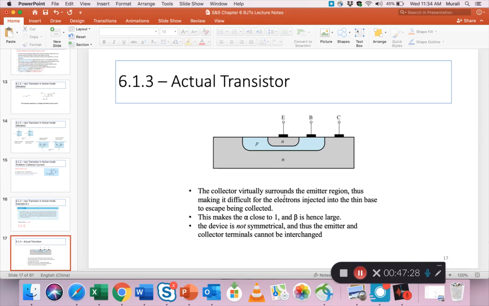The collector surrounds the emitter region, thus making it difficult for the electrons injected into the thin base to escape. So there's nothing leaking out anywhere. This makes alpha close to 1 and beta hence large. The device is not symmetrical, and thus the emitter and collector cannot be interchanged. When we study MOSFETs in the next chapter, you'll find that they are symmetrical on both sides and you can interchange, but with a BJT you cannot.